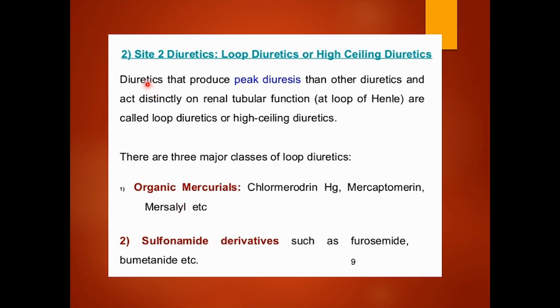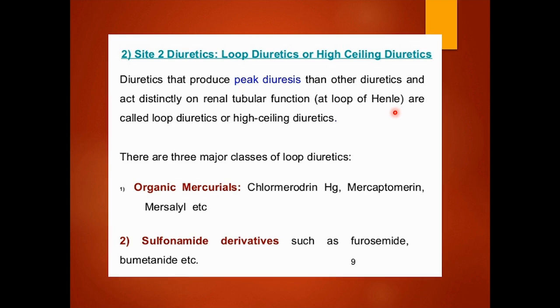So the next group is site 2 diuretics, called loop diuretics or high ceiling diuretics. This category of diuretics produces peak diuresis, meaning these drugs produce a maximum diuretic effect compared to other diuretics, and act at the loop of Henle.